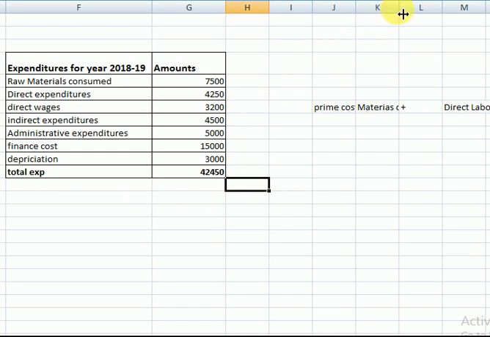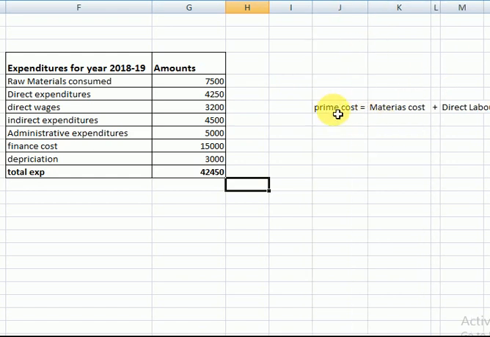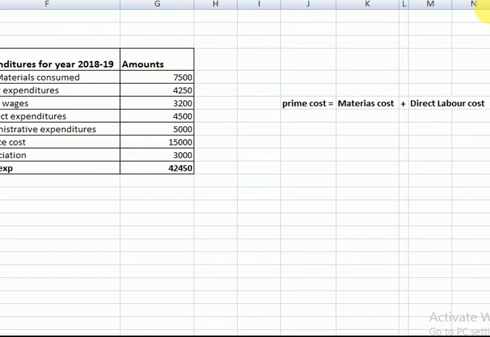So now the formula, as we discussed, for the prime cost is direct material cost plus direct labor cost.